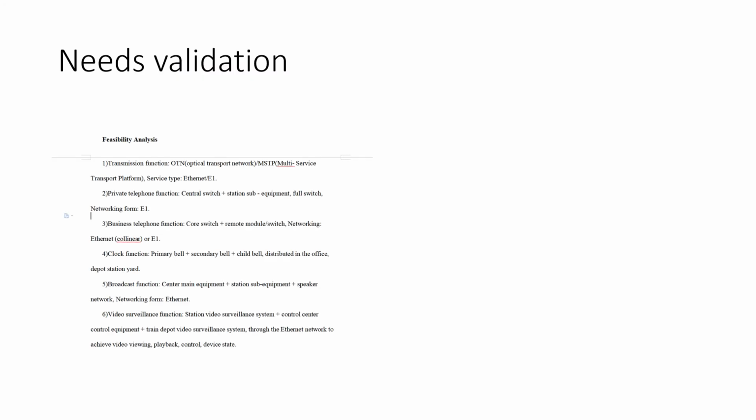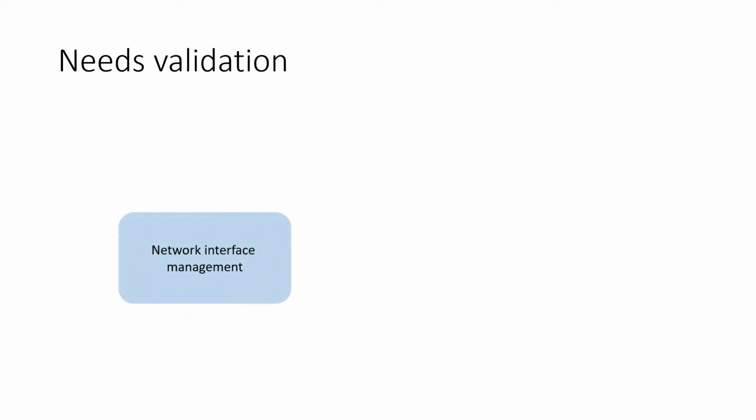The next part is needs validation. In this part, I will illustrate the importance of each function of the subway communication system. For example, we need the network interface management in the communication system, so we need to know how to choose Ethernet or other networks.